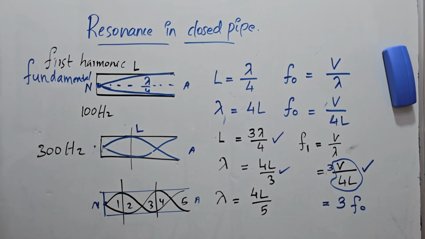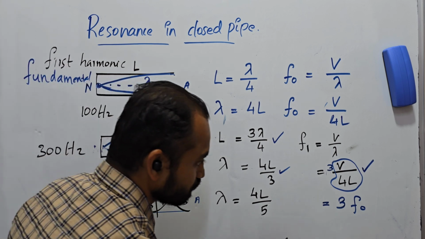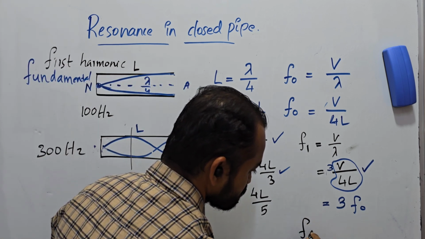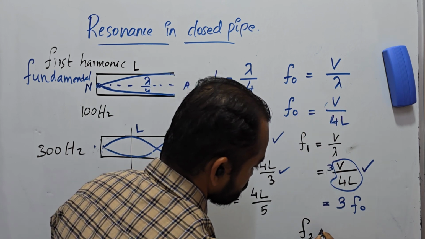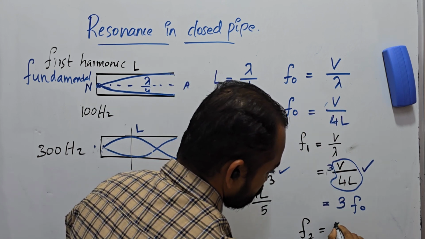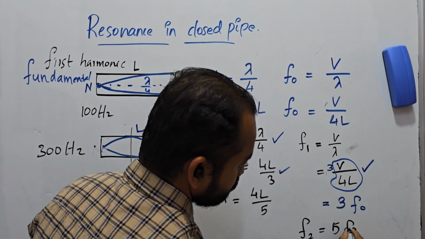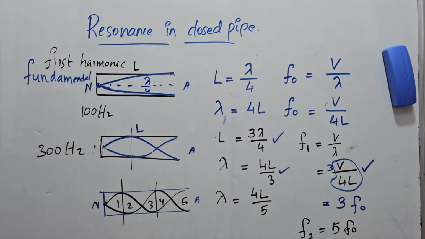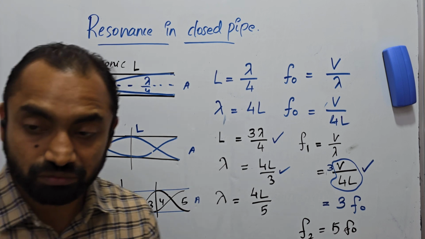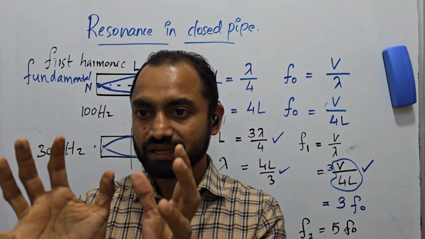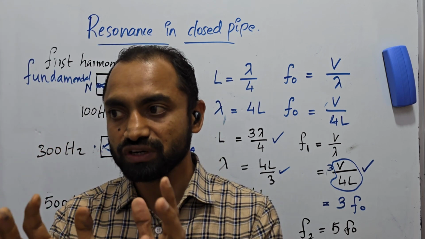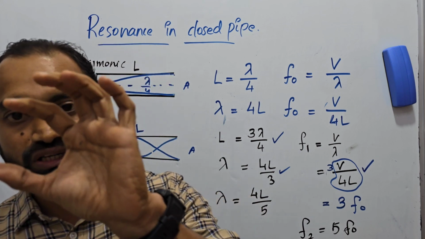And what will be the frequency? The next frequency will be 5 times f0, right? So here how much is the frequency of sound produced? 500 hertz.